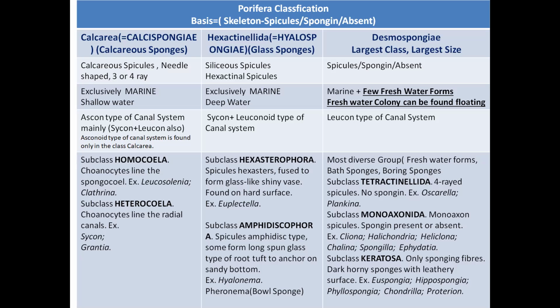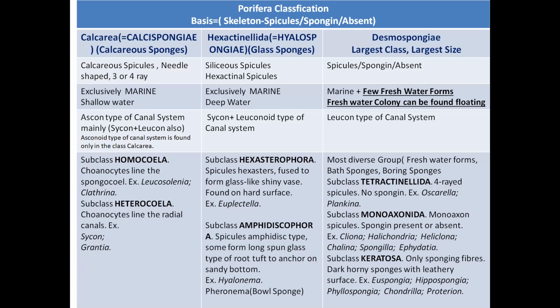The specimens found in Calcarea are called calcareous sponges. Why? In Calcarea, the spicules present are calcareous and needle shaped, 3 or 4 rayed. Triaxonal or tetraxonal spicules are found in Calcarea.